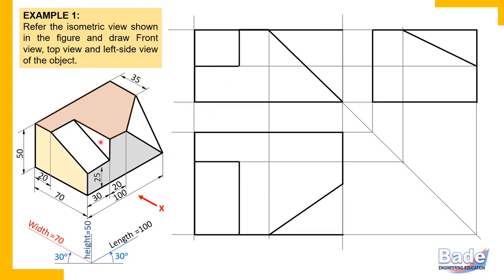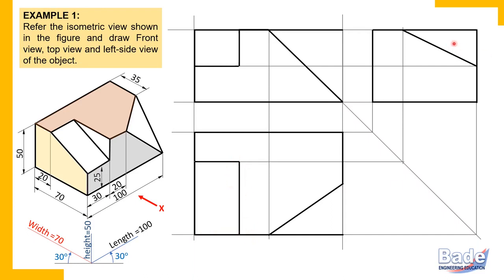Okay. So this triangular surface has its true shape in the side view, and in the front view it appears as a line. Now the triangular surface in the top view. Watch here, it's the same triangular surface that in the front view appears as a line. So of course it has the same end projector. Independently also you can think that this triangular surface is a line in the top view and it is 30 millimeters from the left end. So 30 millimeters from the left end, this line is that triangular surface. So now you are not confused.